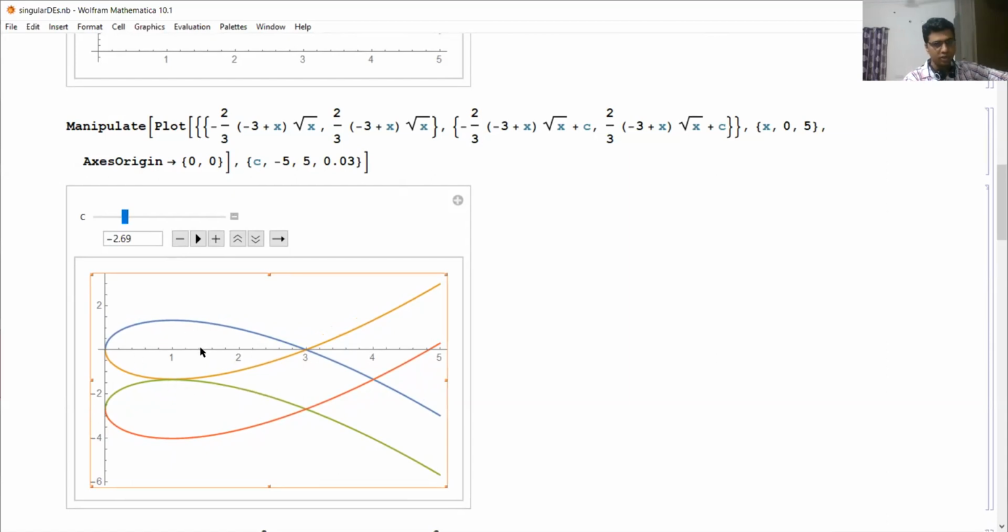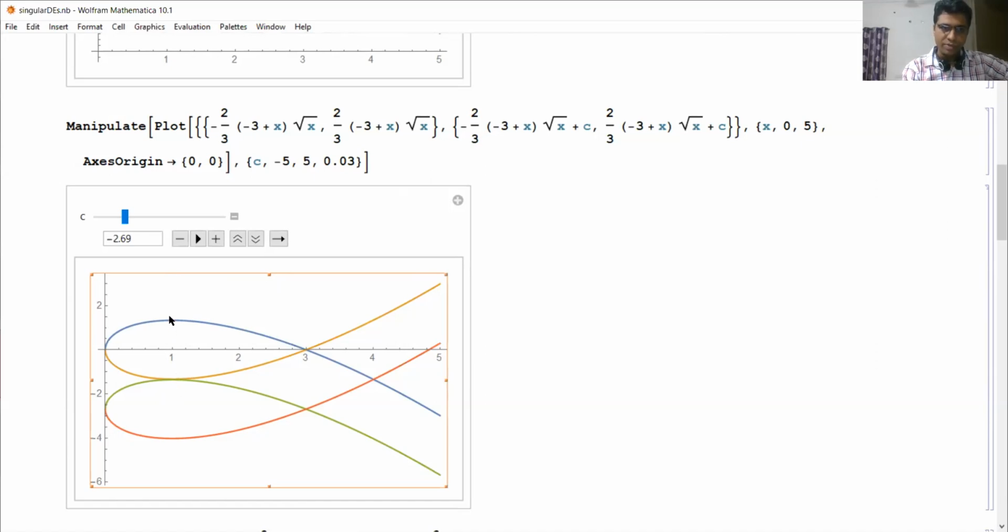If we take two different values of c, then of course any point on the vertical line, that is x equal to a, which is 1 here. So if we consider the vertical line x equal to 1, then at each such point we always have two solution curves with different values of c which touch each other.